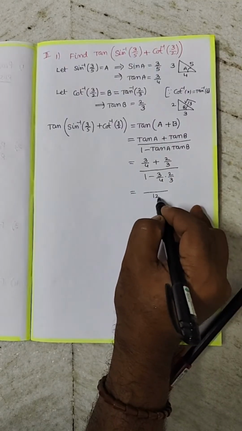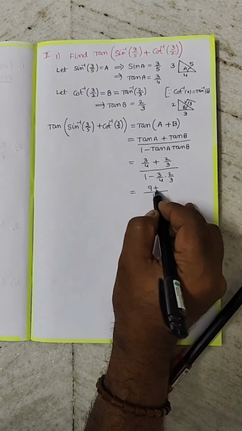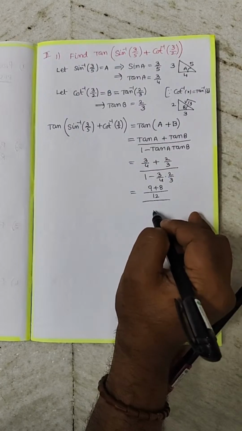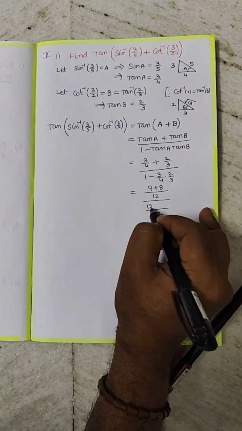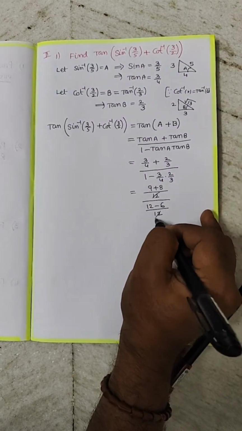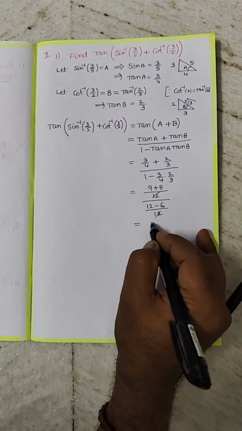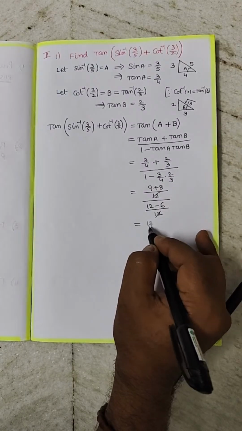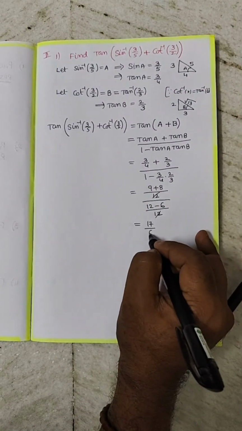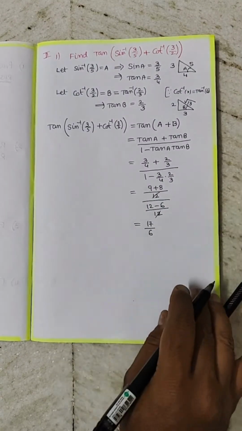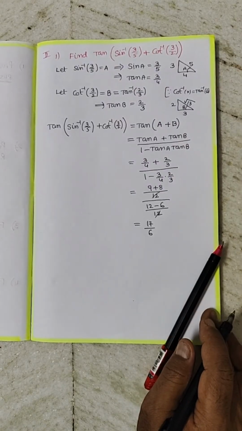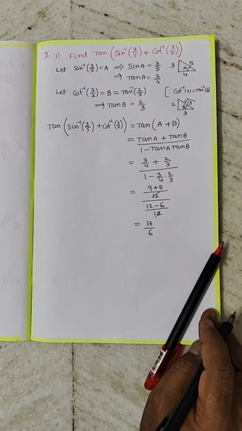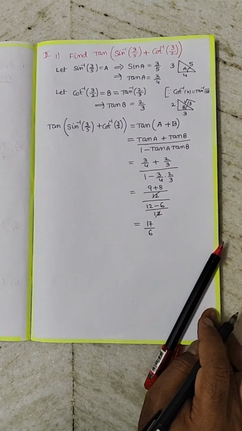So LCM is 12. 9 plus 8 divided by, even here also without cancelling, the LCM is 12, 12 minus 6. 12 gets cancelled. 9 plus 8 is 17 divided by 12 minus 6 is 6. Therefore, the value of tan of sine inverse of 3 by 5 plus cot inverse of 3 by 2 is equal to 17 by 6. I hope everyone understands, students.